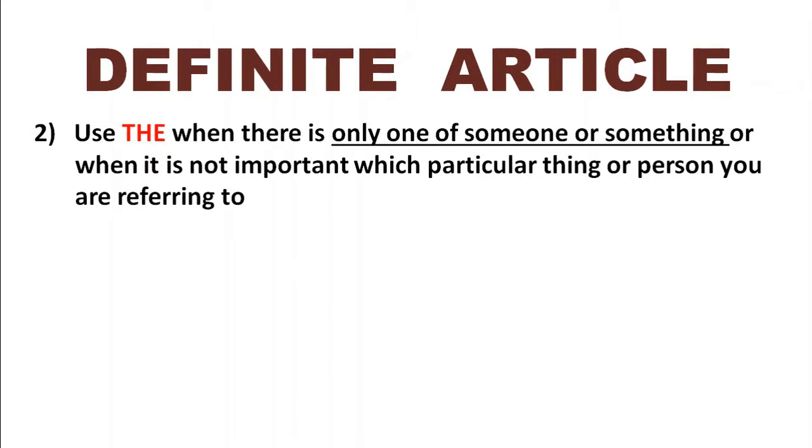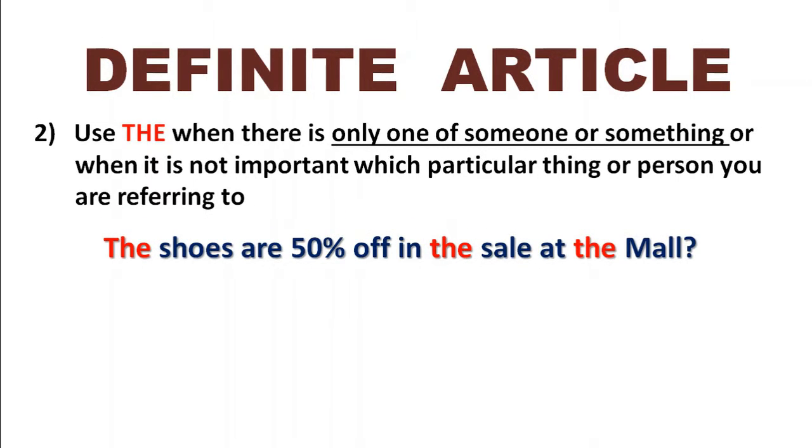Use the when there is only one of someone or something, or when it is not important which particular thing or person you are referring to. So if we look at the same sentence again, the shoes are 50% off in the sale at the mall. Well, in this case, there's probably only one mall, which is the likely place where we bought these shoes. You're expected to understand that if we say the mall, you know the mall that we're talking about, the local mall, the big mall.